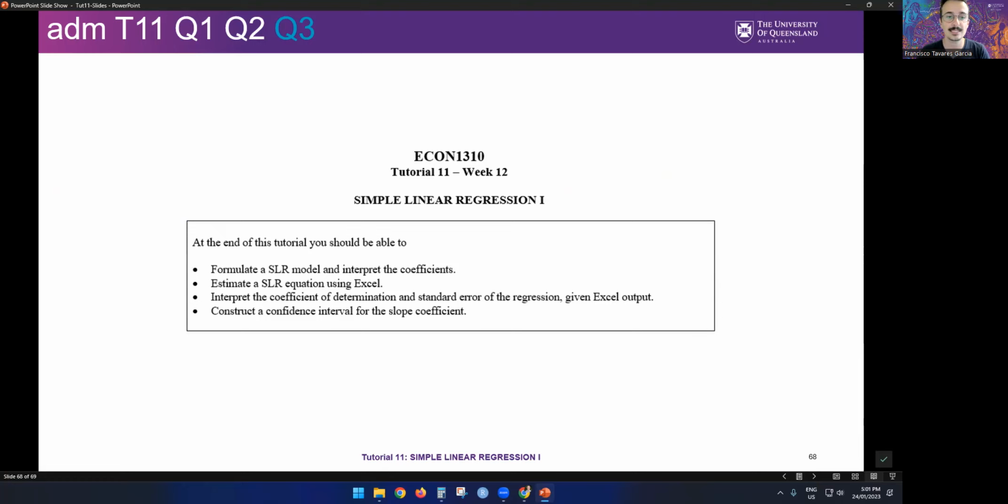Then estimate a simple linear regression equation using Excel. We didn't do it. We got our results already in the tutorial. Probably this one is not updated. Interpret the coefficient of determination and standard error of the regression given the Excel output, and construct a confidence interval for the slope coefficient. All right.